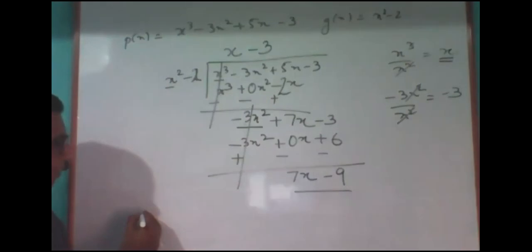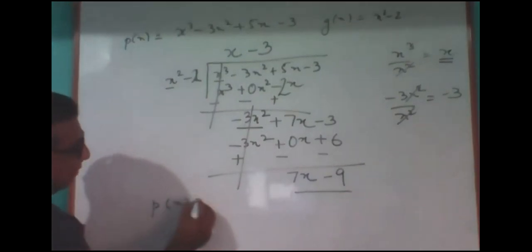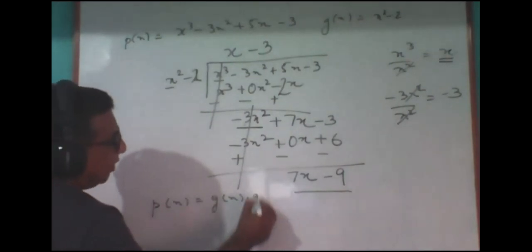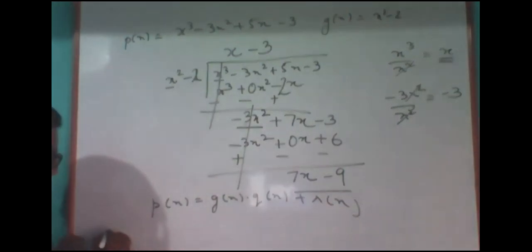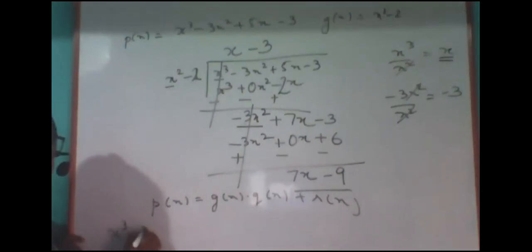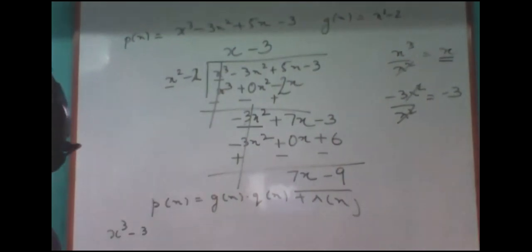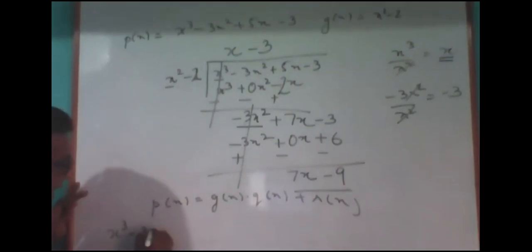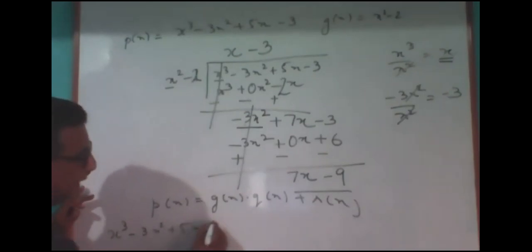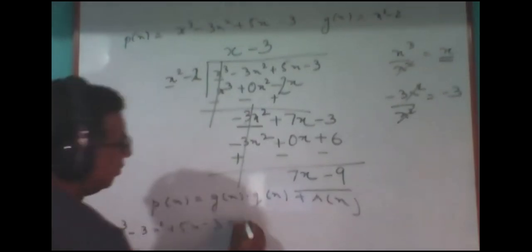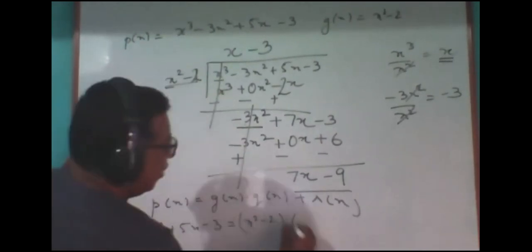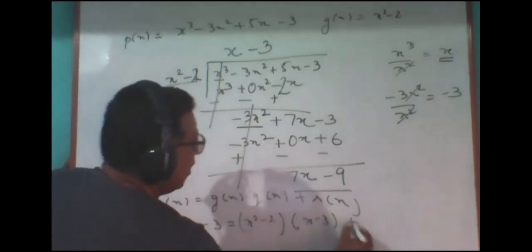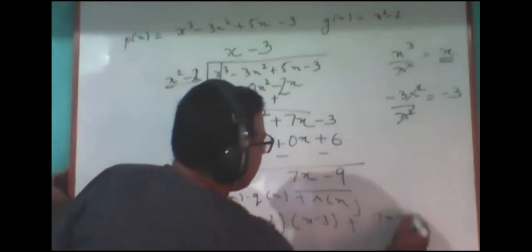In terms of the division algorithm, how will I write? I will write p(x) is equal to g(x) into q(x) plus r(x). Now what is p(x)? x cube minus 3x square plus 5x minus 3 equals x square minus 2, which is g(x), the divisor, times the quotient x minus 3, plus the remainder 7x minus 9.